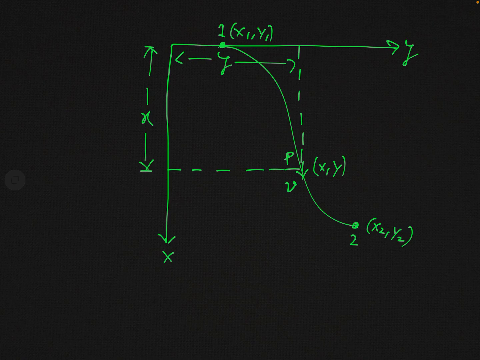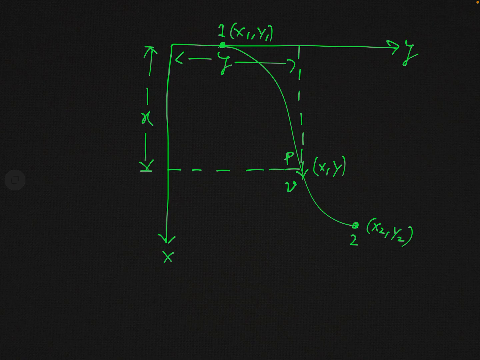Point 1, whose coordinates are x1, y1, is the initial position from where the particle starts to move from rest under gravity, and 2 is its final position, and a curve connecting these 2 points 1 and 2 is shown in this figure.